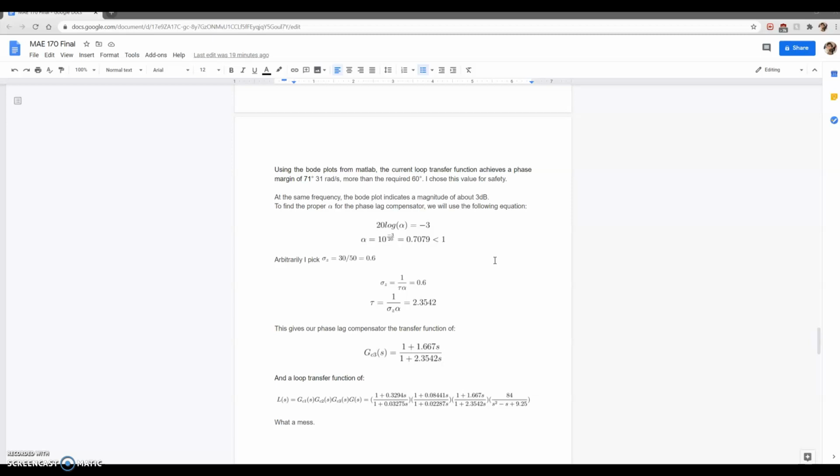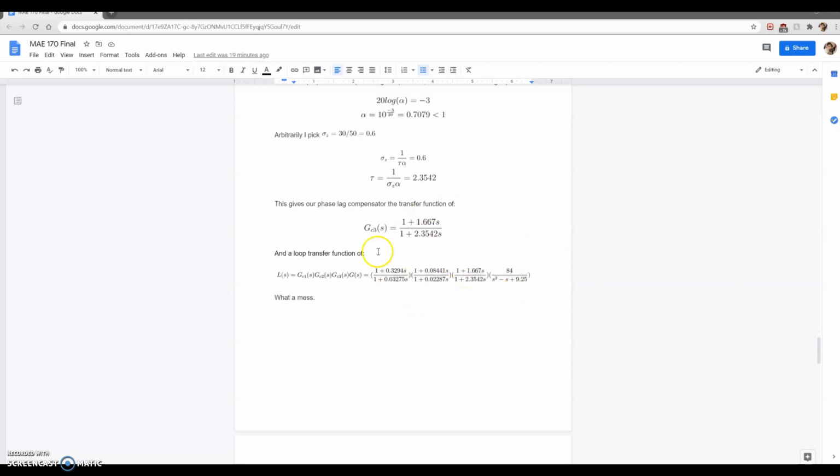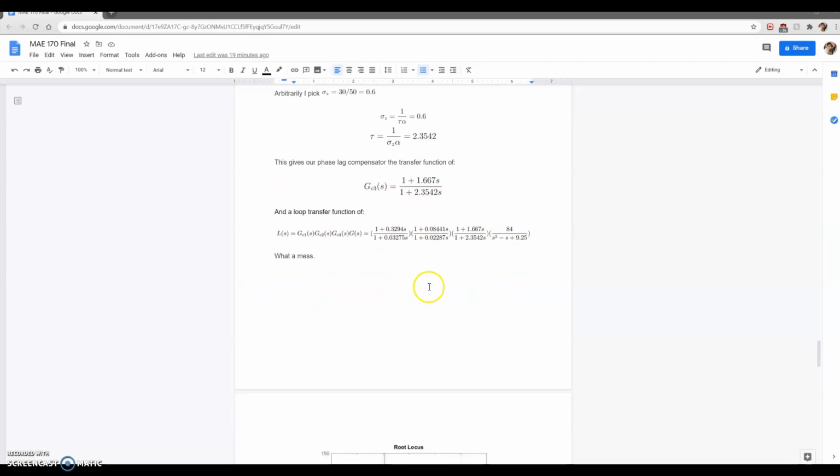So I solve for the variables. That gives us a value of tau of 2.3542, and plugging into our equation, our new lag compensator is shown here, and our entire loop transfer function is shown here.